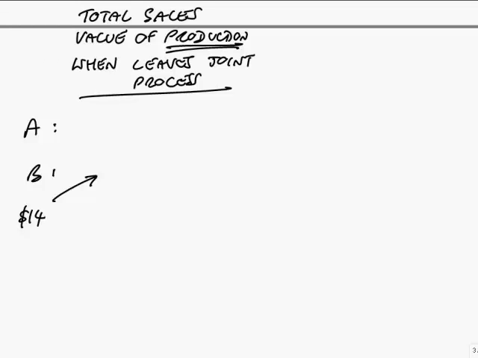You work out the total sales value of the production. So, how many kilos did we produce? It was 40,000. And so when it left the process, the value of the production, if someone would check me, is I think 560,000.